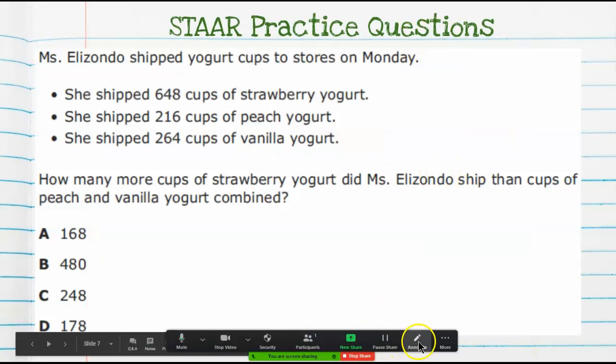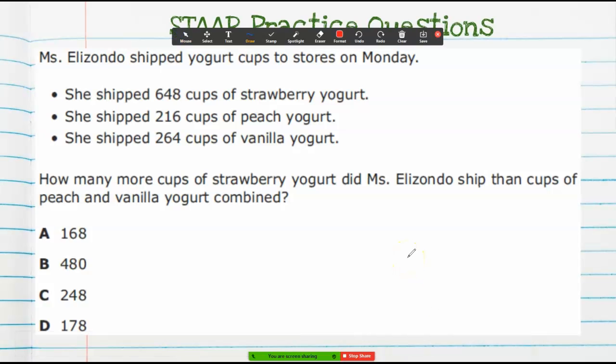Alright, last question. This is another 2-step question, so look for those keywords. Miss Elizondo shipped yogurt cups to stores on Monday. She shipped 648 cups of strawberry yogurt.